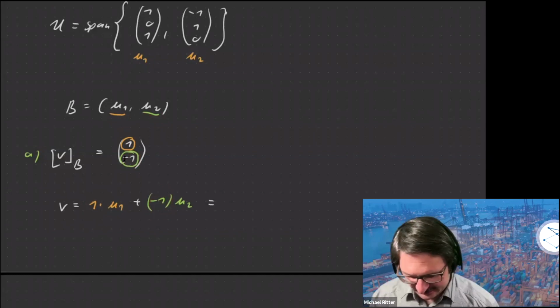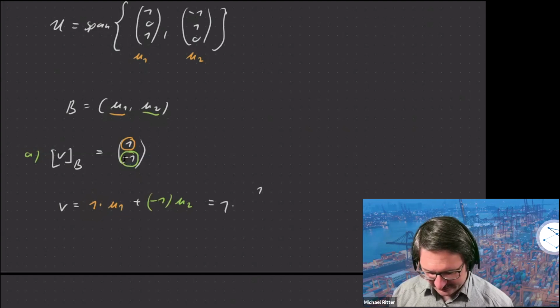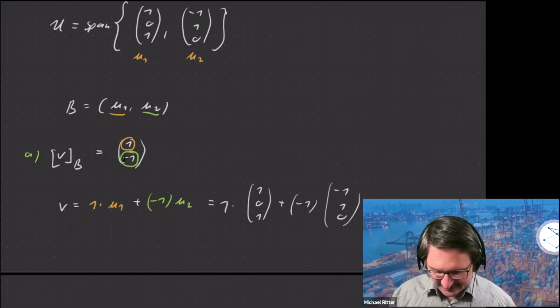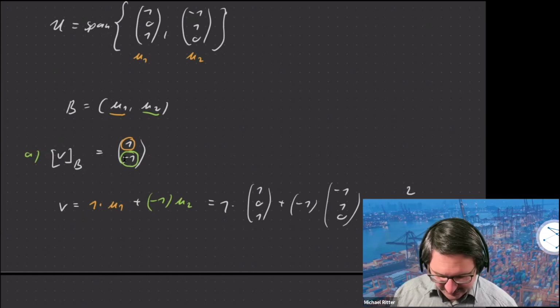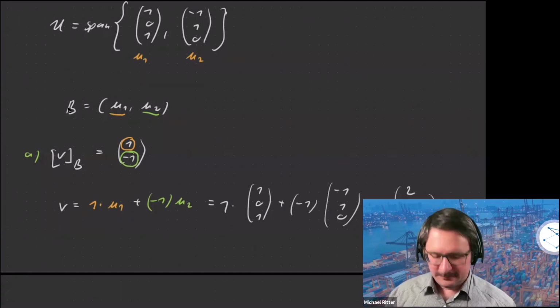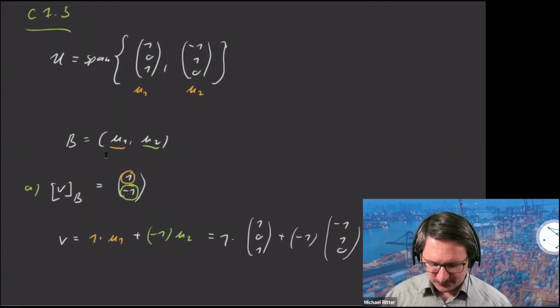What we get here is 1 times U1, which is 1, 0, 1, plus -1 times U2, which is -1, 1, 0. So the result should be, let's see, 1 plus 1 is 2, -1 and 1, hopefully. Okay, seems correct. Any questions?